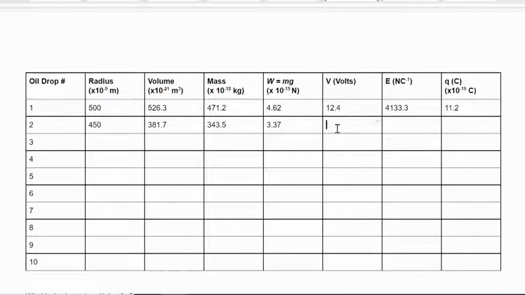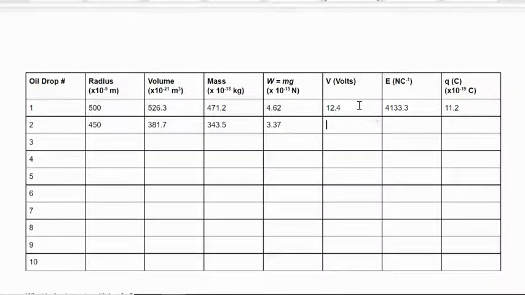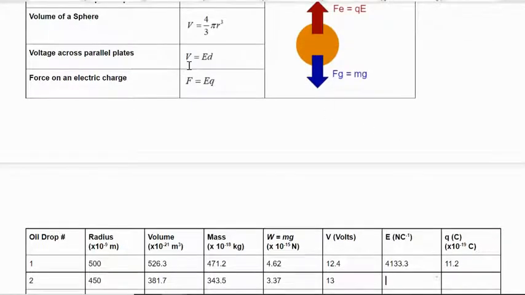We read off the voltage here. The voltage that was required is 13 volts. So we just write 13 here. And we want to find the electric field strength. Voltage equals E times D, so we can use that formula.